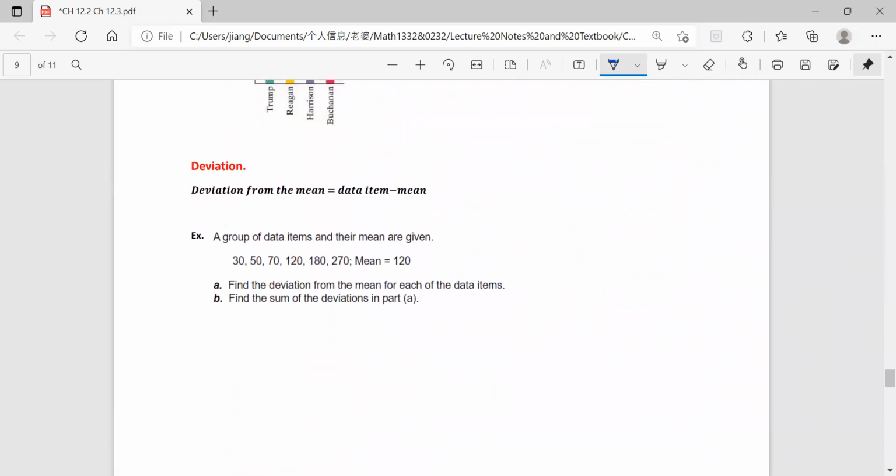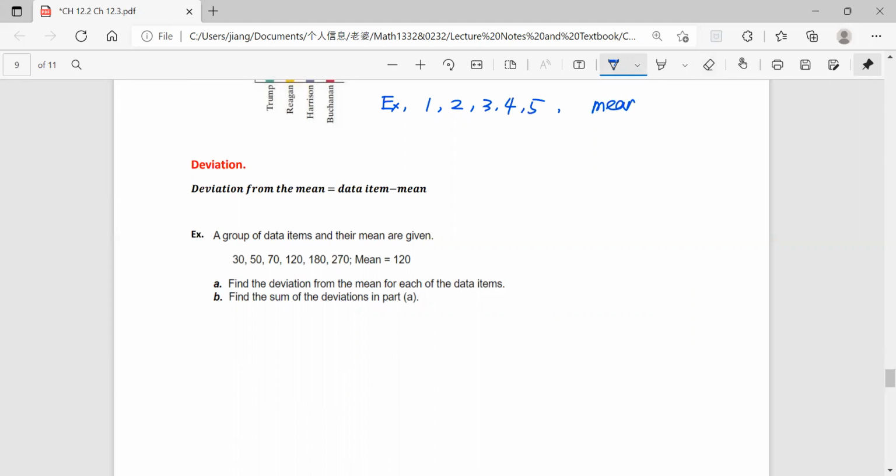Okay, next one, let's see the definition of deviation. Deviation from the mean equals data item minus mean. So that's the difference between each data and the mean. If I still have the same example, 1, 2, 3, 4, 5, what is the mean of these 5 numbers?